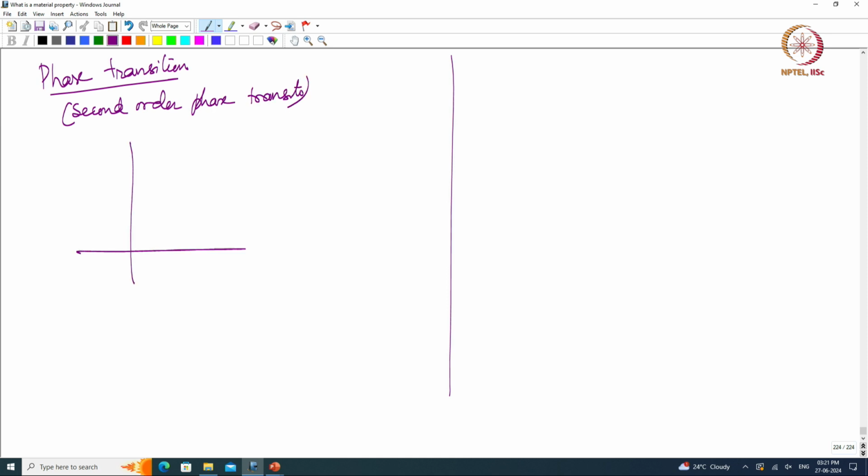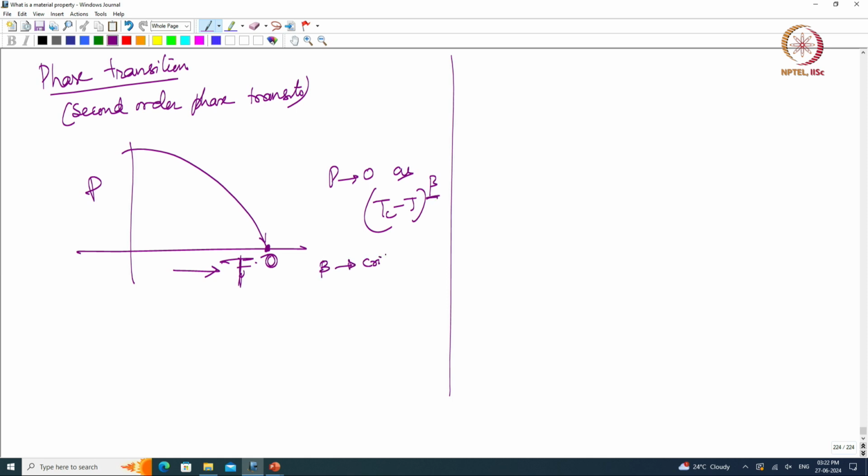At a second order phase transition, in P versus T, P goes to 0 as (Tc minus T) to the power beta, or (Tc minus T) to the power half, right. Okay. So, now this beta is called a critical exponent, right, it is an exponent here.